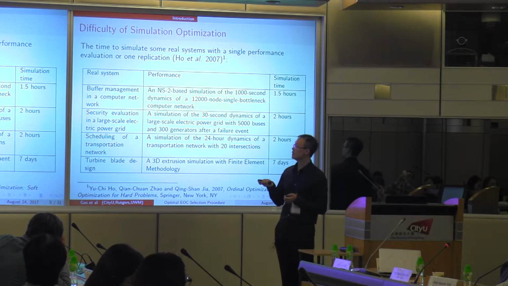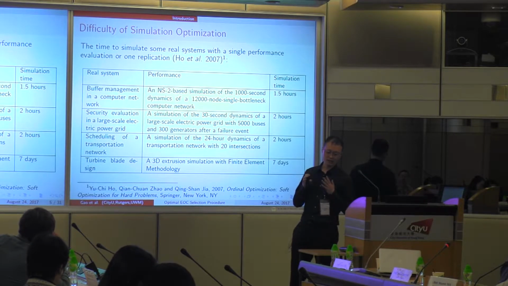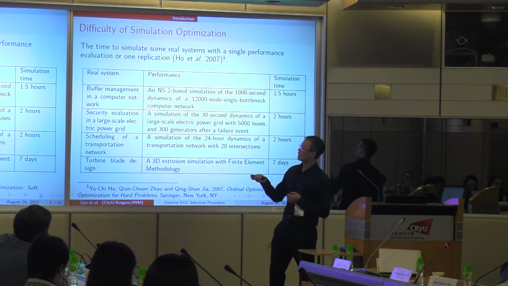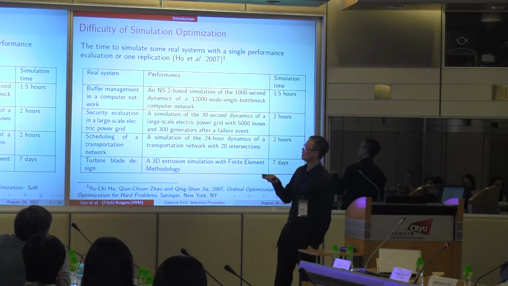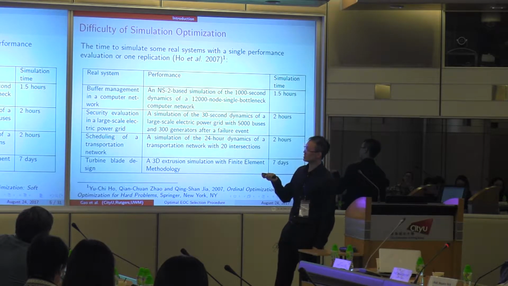This table summarizes some real-world systems and the time to make one simulation run for them. The first is a computer network, and performing one simulation run of 1,000 seconds of its dynamics needs 1.5 hours.